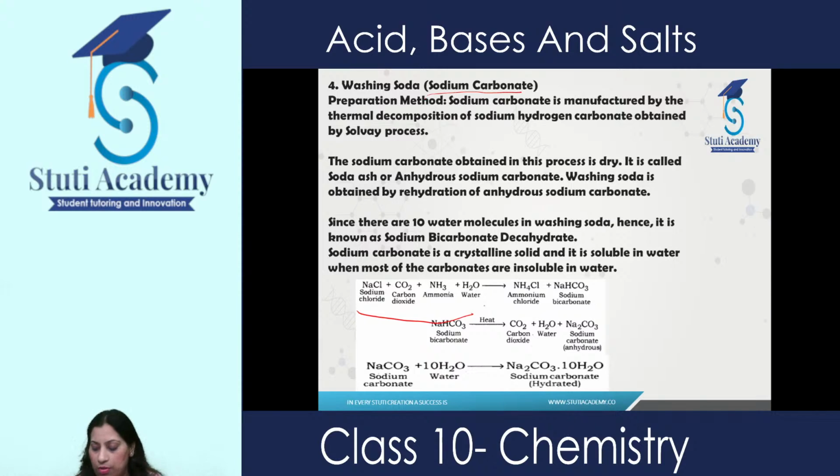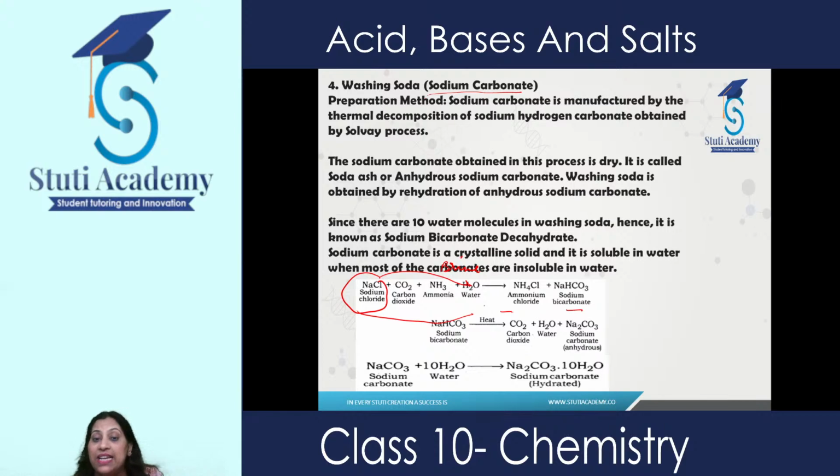When sodium chloride dissolves in water, we call it brine. In the presence of brine, if we are using ammonia and carbon dioxide gas, it results in the formation of ammonium chloride and sodium bicarbonate. Again, the same reaction which we use in the making of sodium hydrogen carbonate, baking soda.